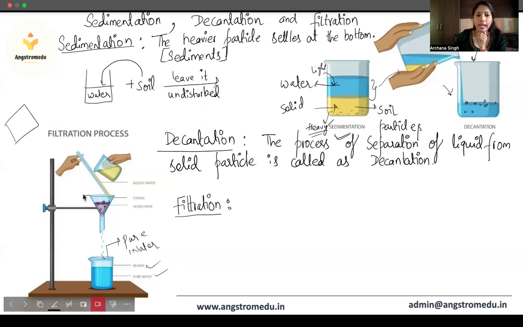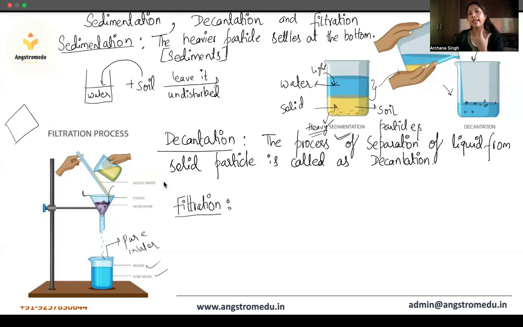See, here it is written pure water in beaker, right? So this is your glass funnel which you are using. In that glass funnel, you will keep filter paper. This filter paper will collect all the impurities. And what are you using? Muddy water, basically, which we used in the process of decantation. Same thing we are using.